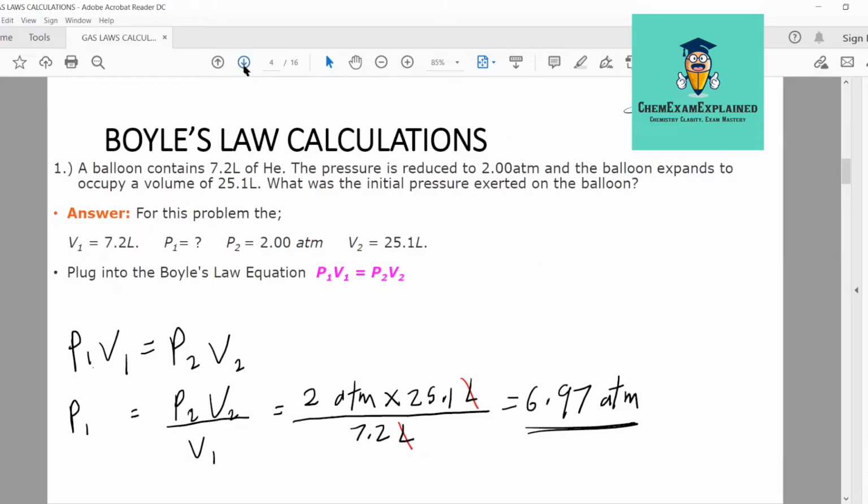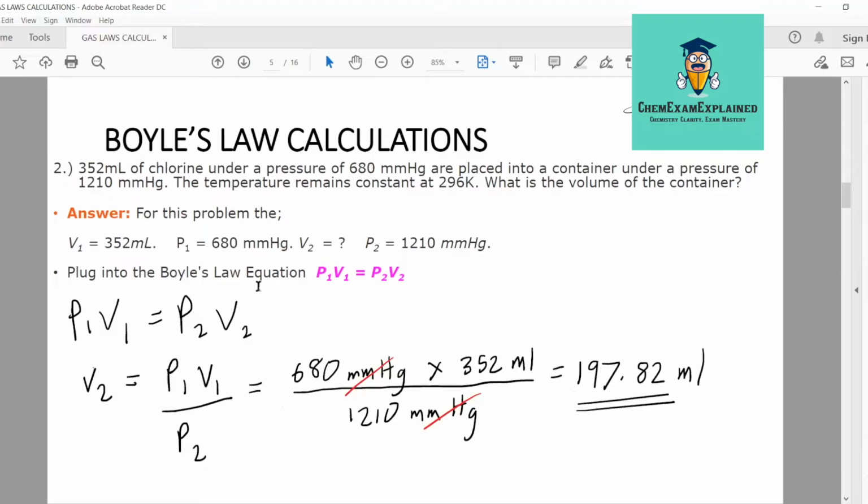Let's look at another question. In this case, 352 milliliters of chlorine under a pressure of 680 millimeter mercury are placed into a container. Please remember that millimeter mercury is a unit of pressure.